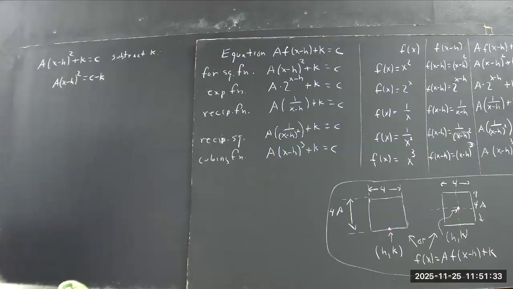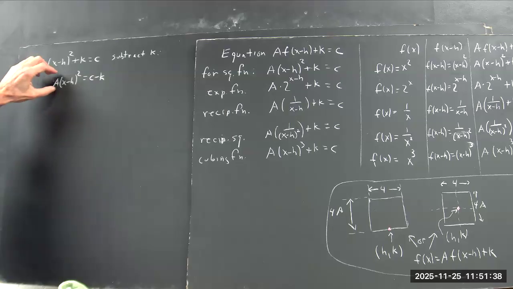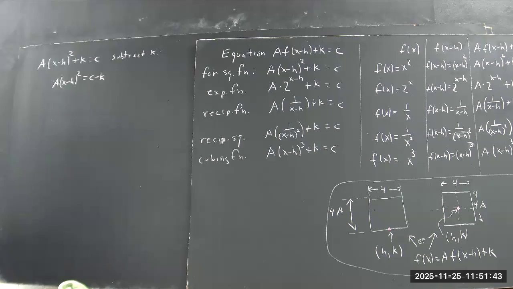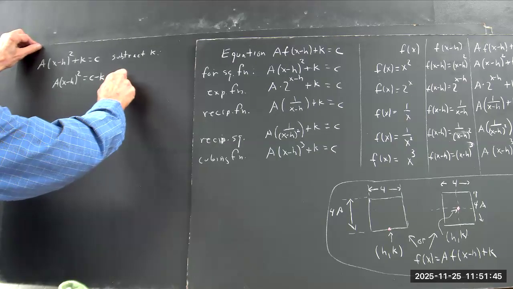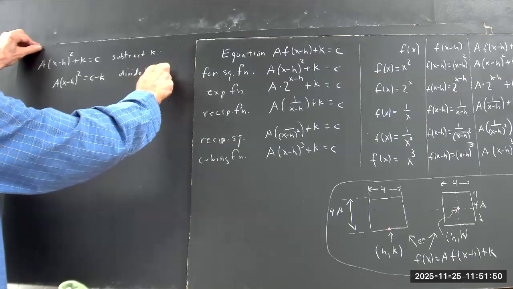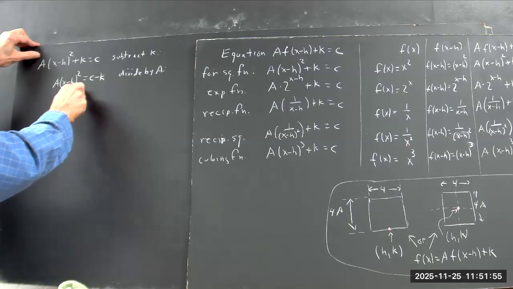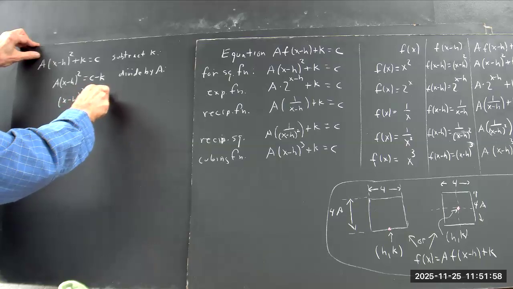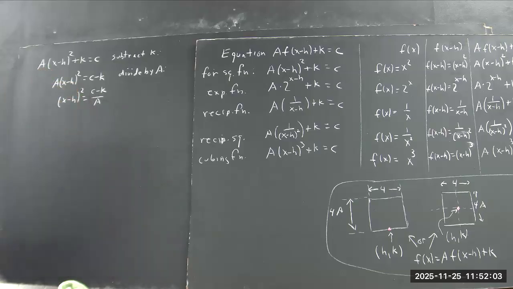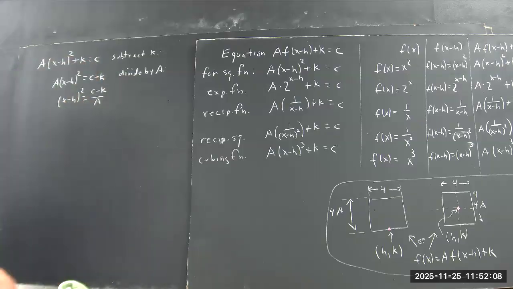Whatever the value of k is, whatever the value of c is, we're going to subtract k from both sides. And we're going to get A times x minus h squared equals c minus k. Divide by a. So that x minus h squared is whatever number we get when we do c minus k divided by whatever a was.